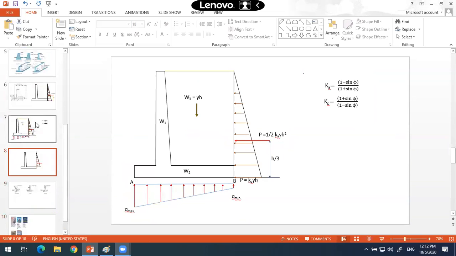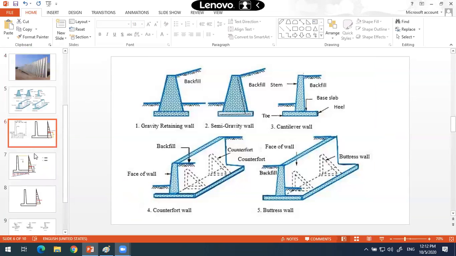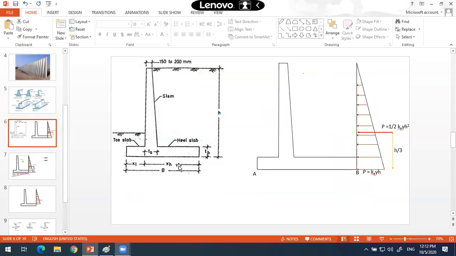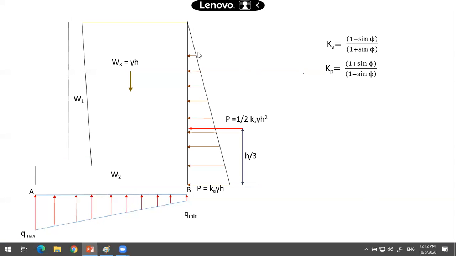Now coming to the forces again, if you don't have any problem with these concepts of the retaining wall, now coming to the further part of these forces in the retaining wall. So one is this lateral earth pressure to which the stem has to be designed. In addition, the weight components will come here. You have the weight of the backfill which will be acting on this heel slab in a vertically downward direction.